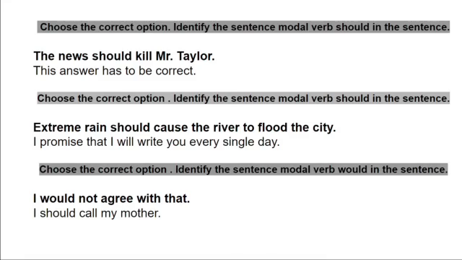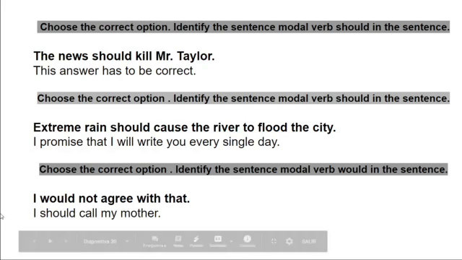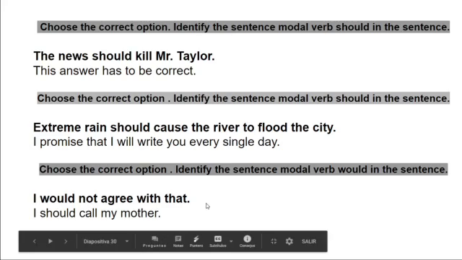I would not or wouldn't with contraction. I should call my mother. The first option is the correct option. Why? ¿Por qué? Porque está utilizando lo que nos pide la instrucción. The modal would. No nos dijo should. ¿Ok? Do you finish? ¿Terminamos de copiar?